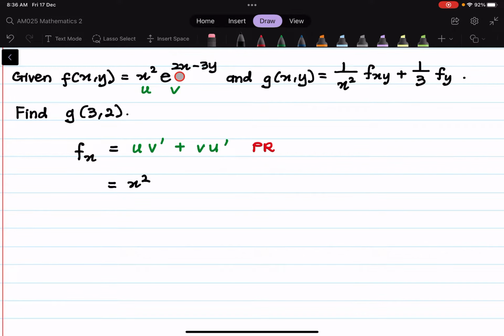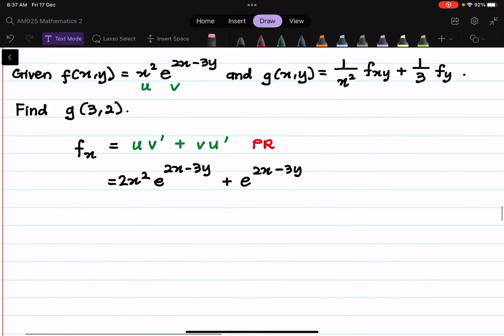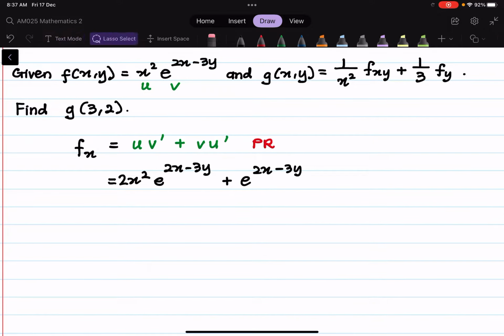So I'm going to write 2 in front of x squared and copy down e^(2x - 3y), plus v. v is e^(2x - 3y) and differentiate x squared with respect to x. So it's going to be 2x. So I'm going to write down 2x in front of e^(2x - 3y).